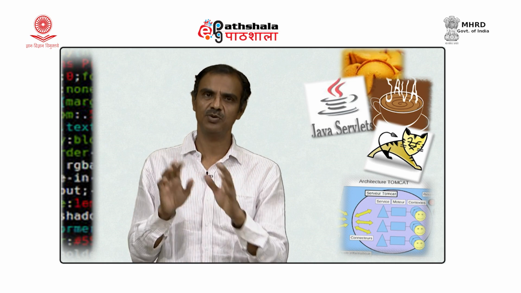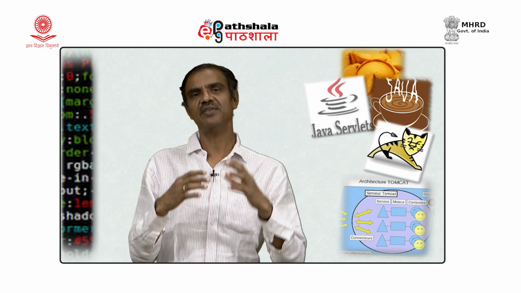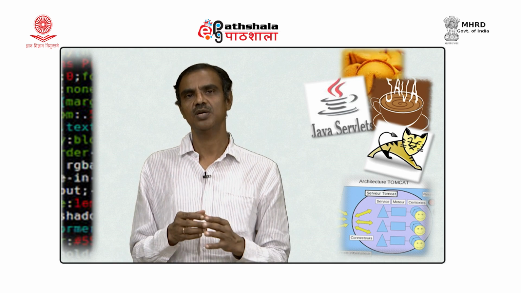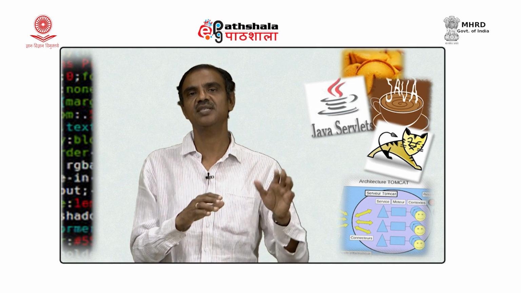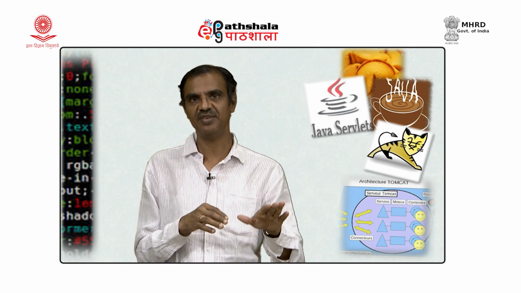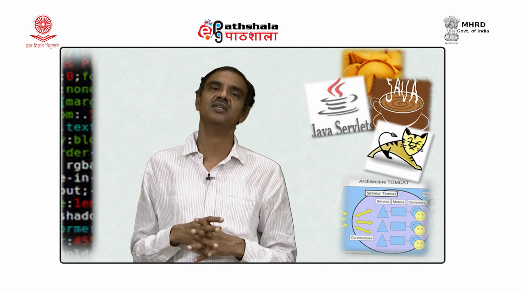Then we have another tool called jarsigner. Jarsigner is used for signing a jar file. If you have a jar file, it can be signed using the jarsigner command. It is also used for verifying the integrity of a jar file that I have received, and whether it has been signed by a particular person or not.